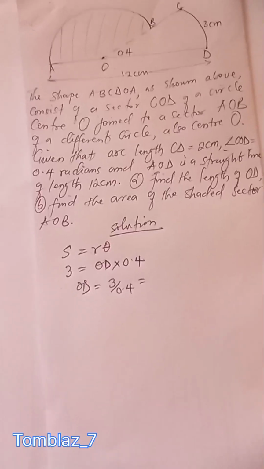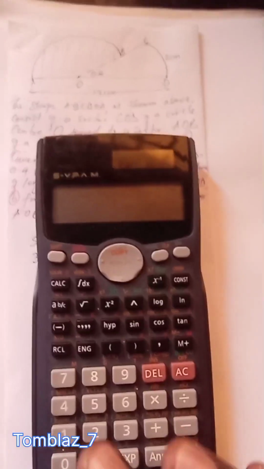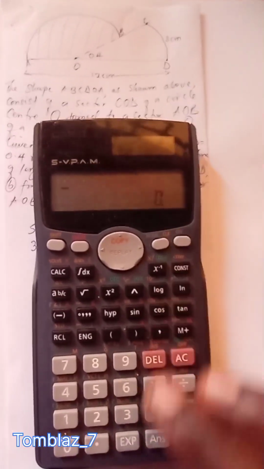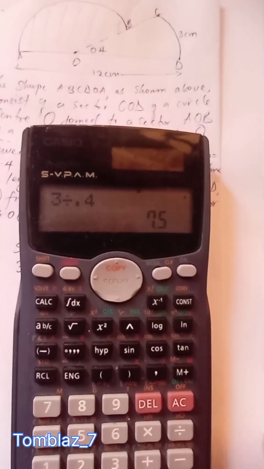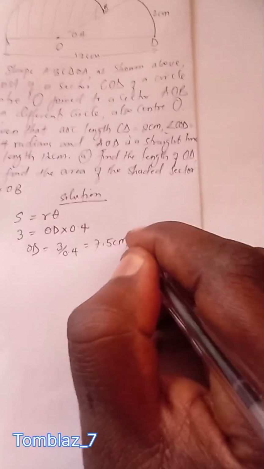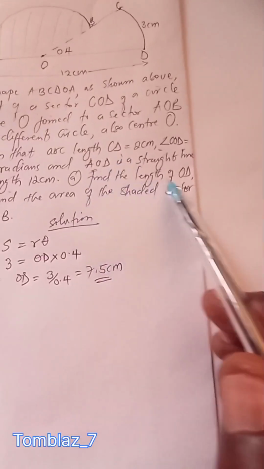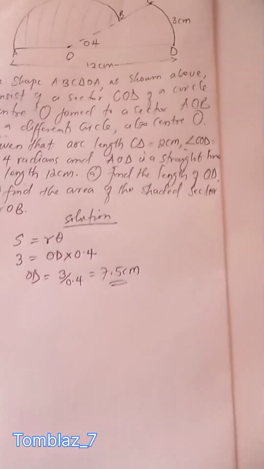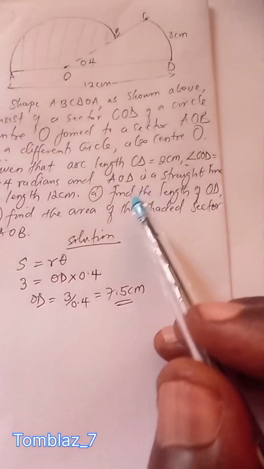What is this value going to give us? 3 divided by 0.4, we're going to have 7.5. So we have 7.5 centimeters. They said we should first find the length of OD, and we have gotten 7.5 centimeters.